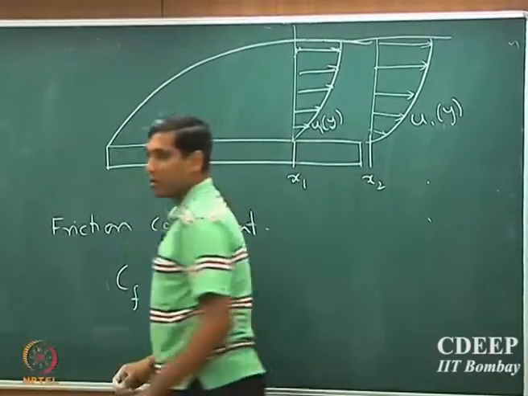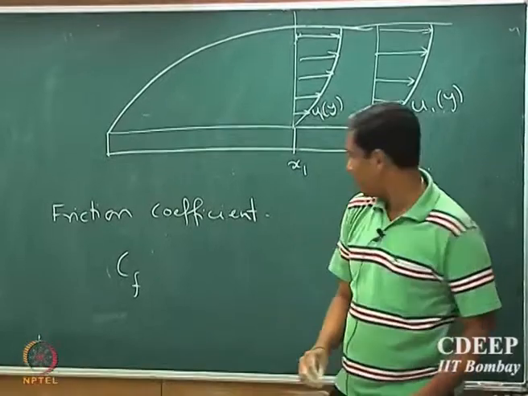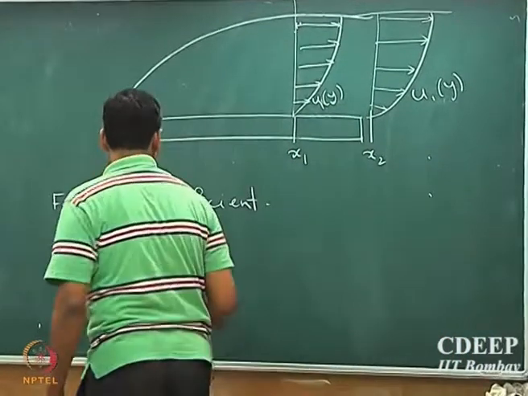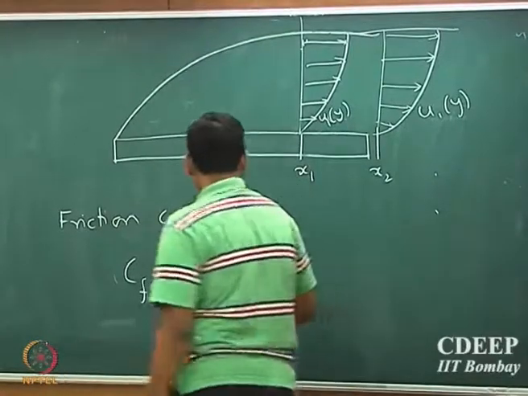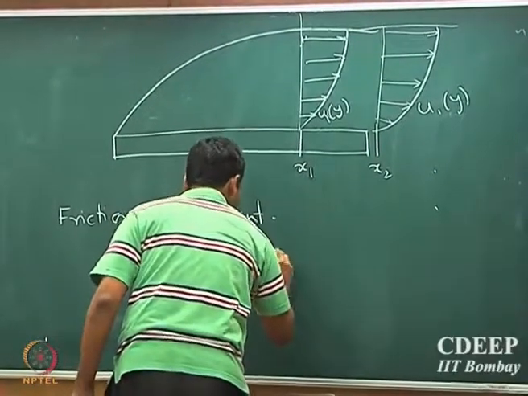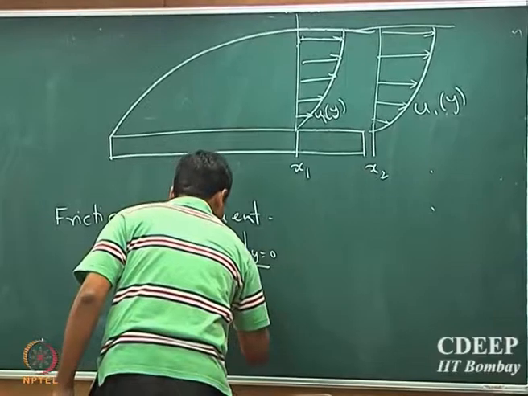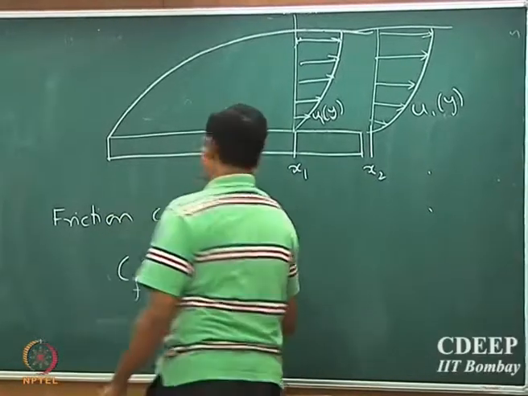Cf is the symbol given for the friction coefficient, and that's given by the shear stress at the wall, the shear stress at y equal to 0, divided by rho u infinity squared by 2.